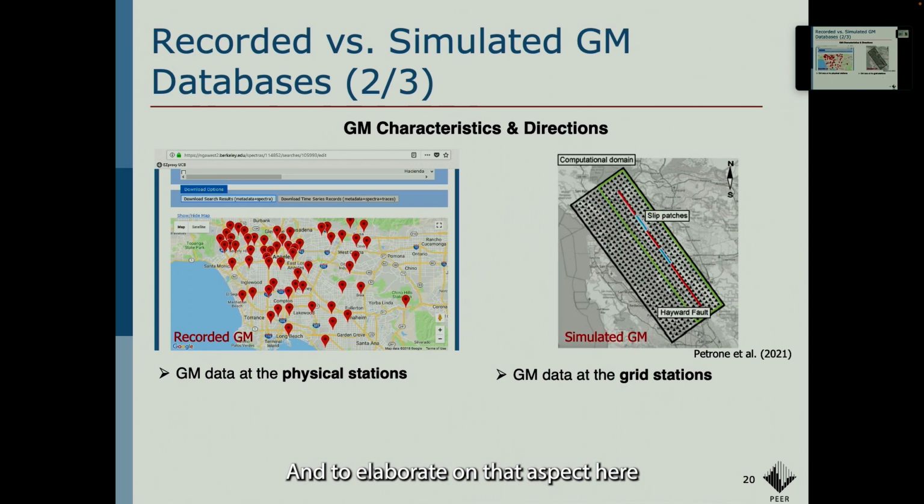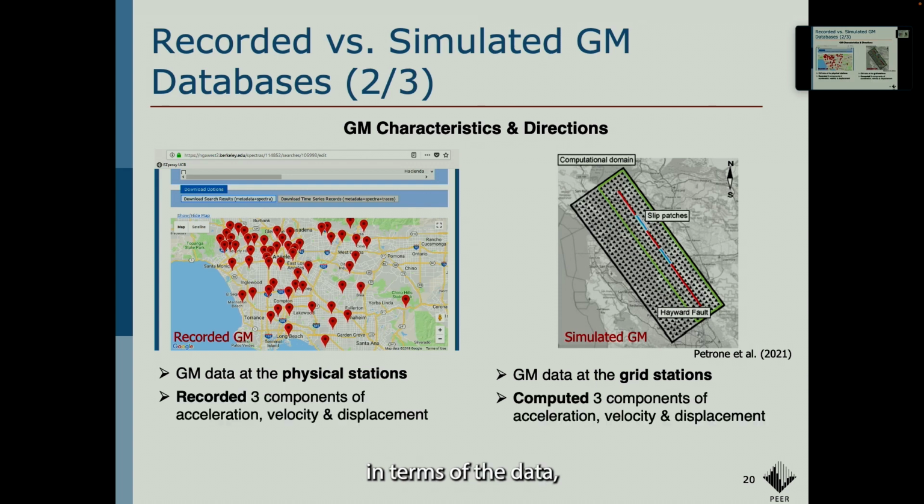To elaborate on that, in terms of ground motion characteristics and directions, this is just a sketch that shows the recording stations from the Los Angeles area. Again, these are physical stations. And in the case of the simulated data set, we have the grid points that Hojun showed in his interface.